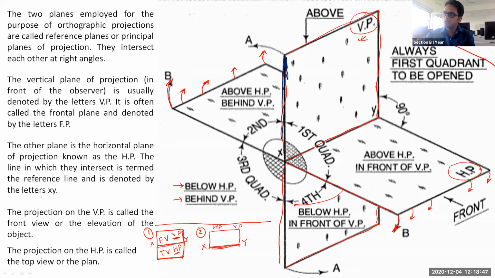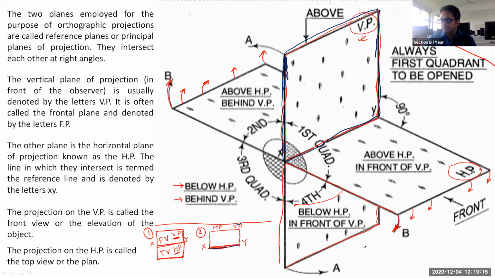It will be overlapping over here. And this will be your reference line as it is. So your vertical plane and horizontal plane both will be above your reference line XY. This is for second quadrant.